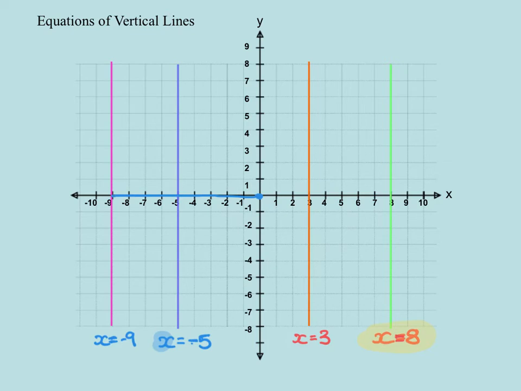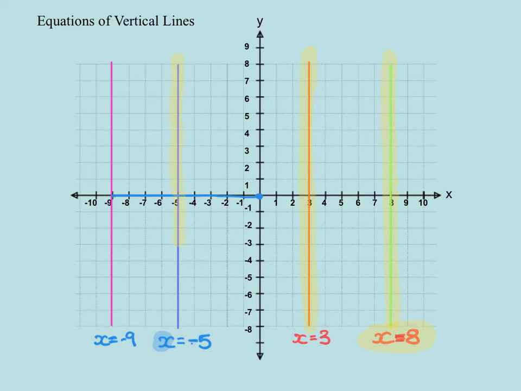So whenever we have a line that goes straight up and down, the way that I like to think about this is, this line here is going straight up and down, and it's crossing over the x-axis, x equals 8. The next one, again, is going straight up and down, it's crossing over the x-axis at 3, x equals 3.